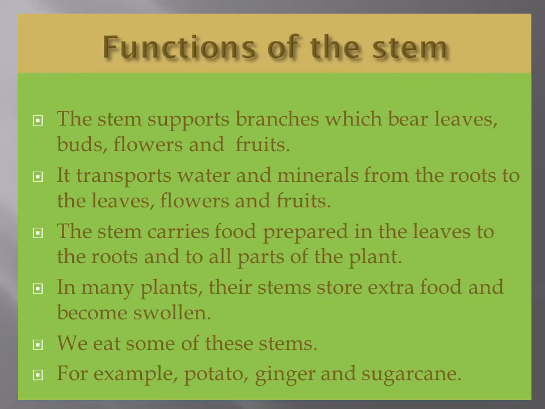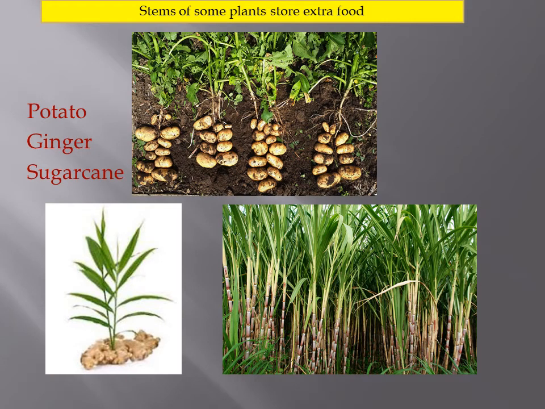In many plants, their stems store extra food and become swollen. We eat some of these stems. For example, potato, ginger and sugarcane. See, there are the pictures of some plants which store extra food.